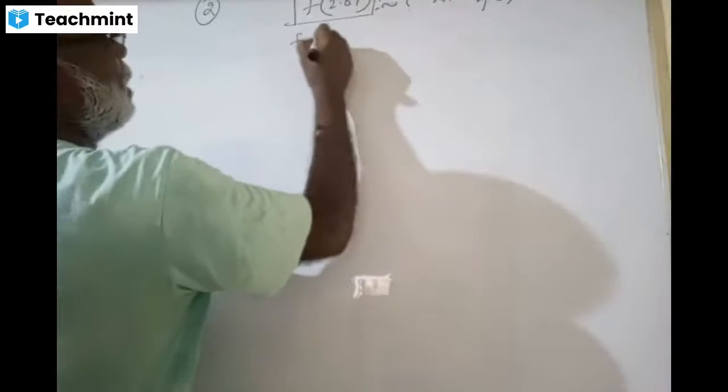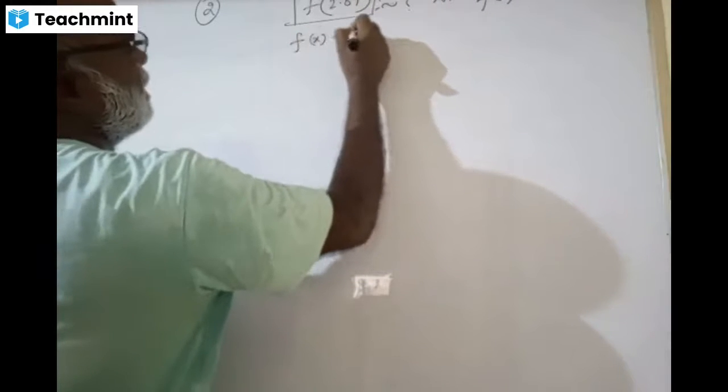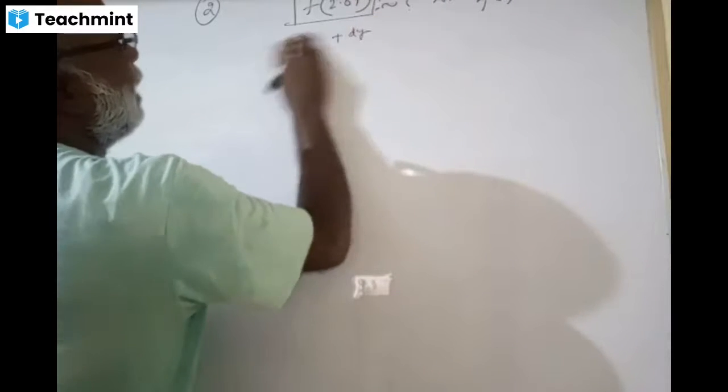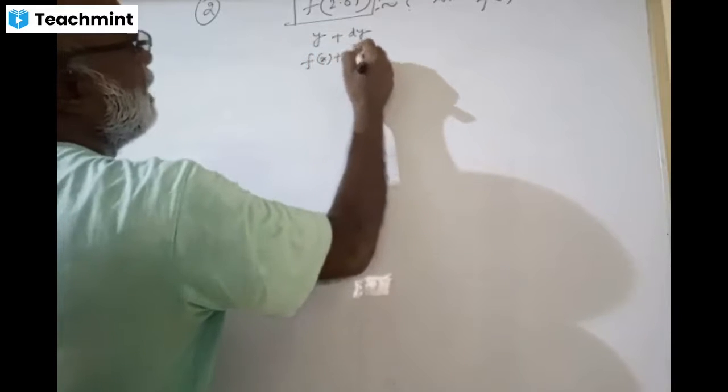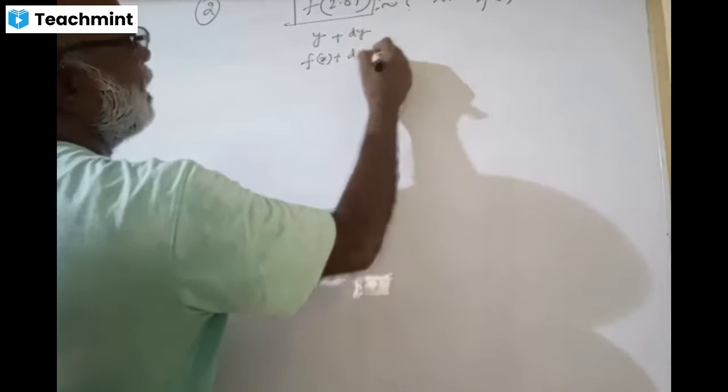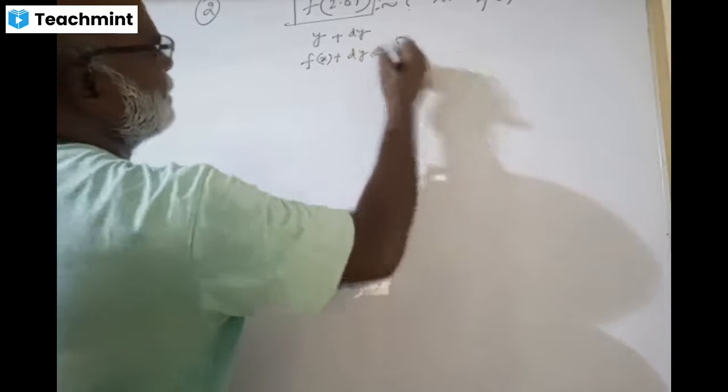Whatever they asked you to find is nothing but f of x plus dy, or y plus dy. Here y is nothing but f of x, and dy is nothing but dy only.